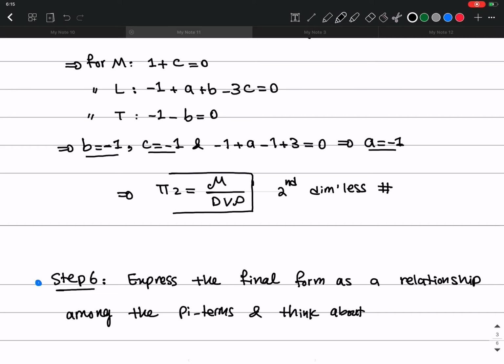Think about what it means physically. Okay. So finally, you have to relate these two dimensionless numbers.